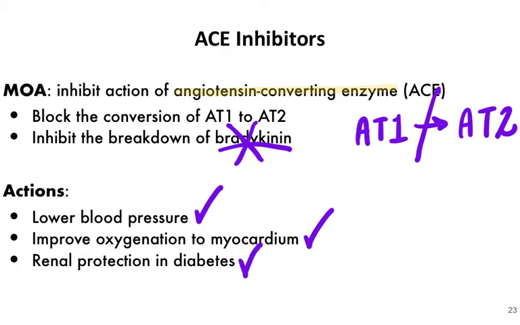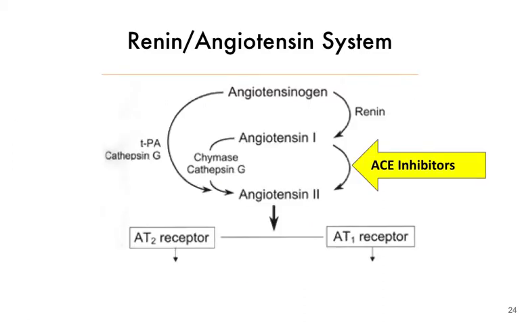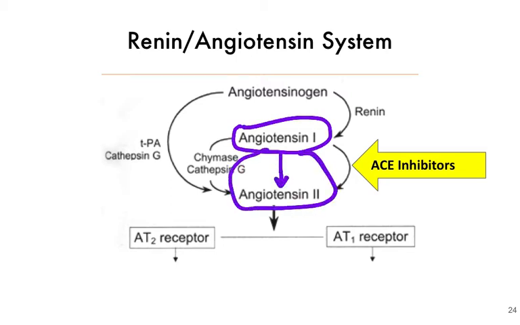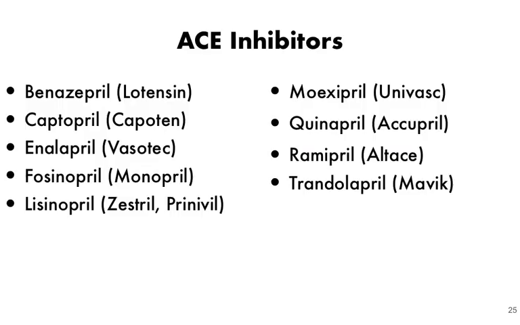Here's a detail of the diagram I showed you of the renin-angiotensin system from before. Angiotensin 1 is converted into angiotensin 2, and ACE inhibitors find their entry point here to inhibit this process from happening. There are a number of ACE inhibitors on the market now.